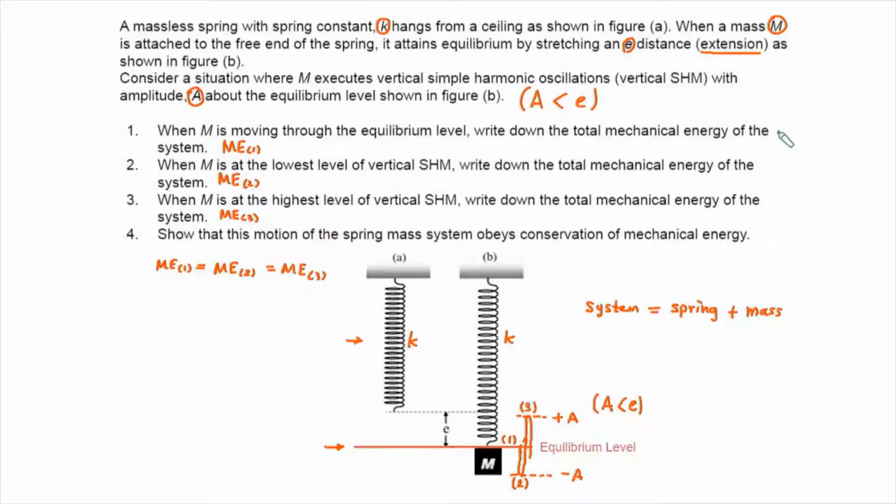Now, when you write down expressions for total mechanical energy of the system, write them in terms of the given constants here.